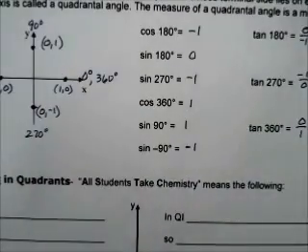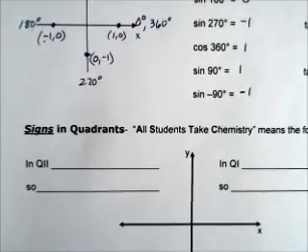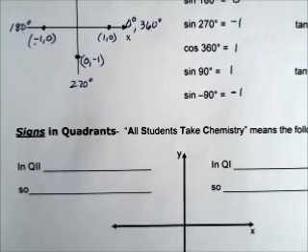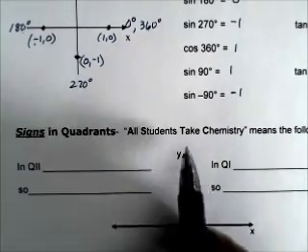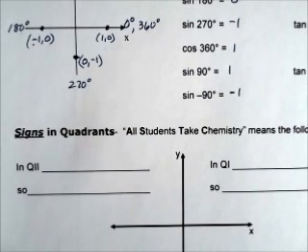All right, and the final thing we're looking at today is signs, S-I-G-N-S, in quadrants. And we want to remember all students take chemistry. It means the following, right? So, all students take chemistry.